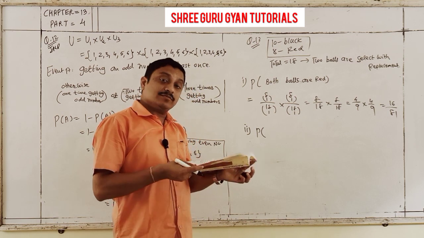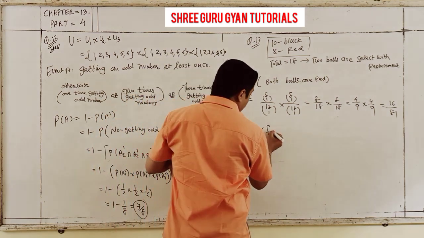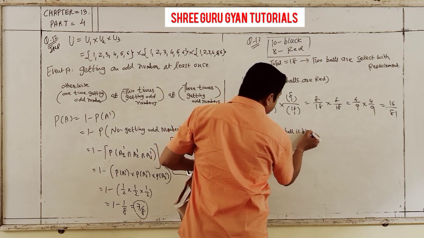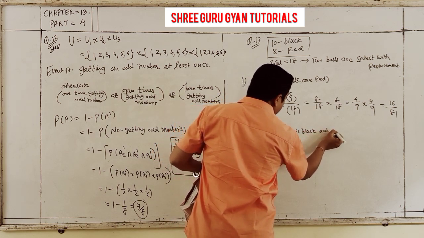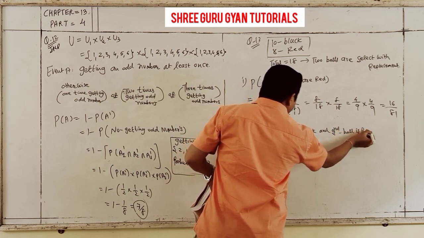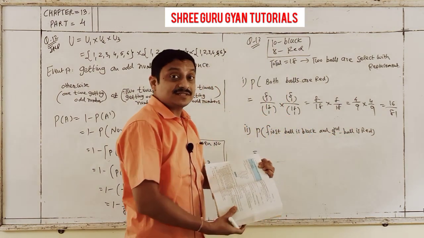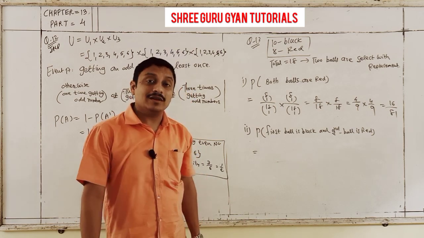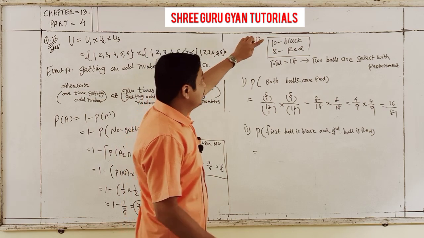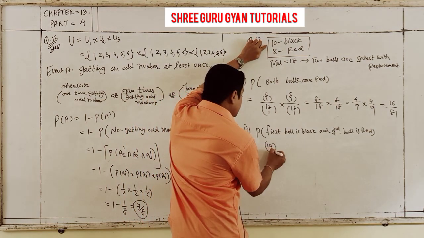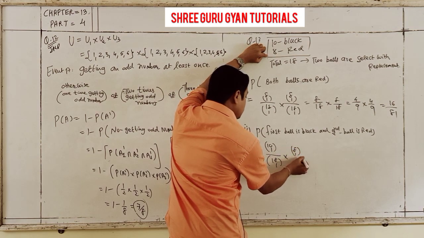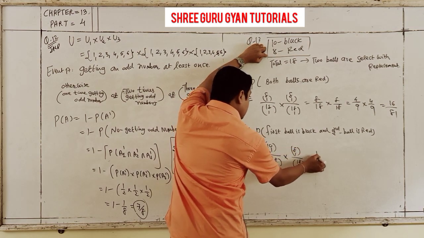Same, second probability: the first ball is black and the second ball is red, with replacement. That's why the selected ball you put down again in the box. First ball is black, so here black select 10C1 over 18C1, and red 8C1 over 18C1.